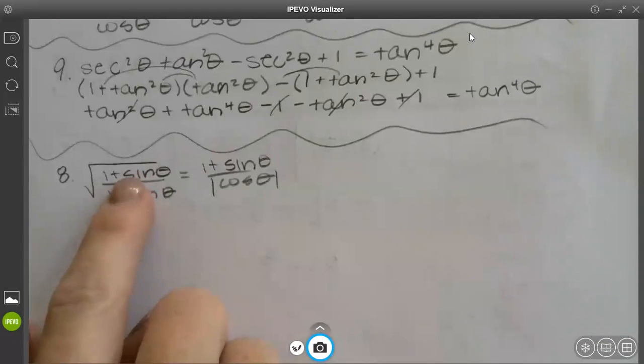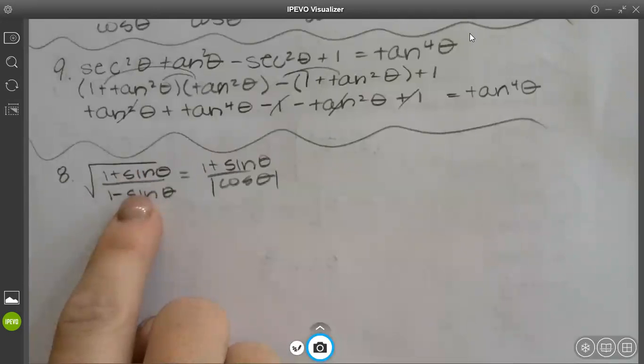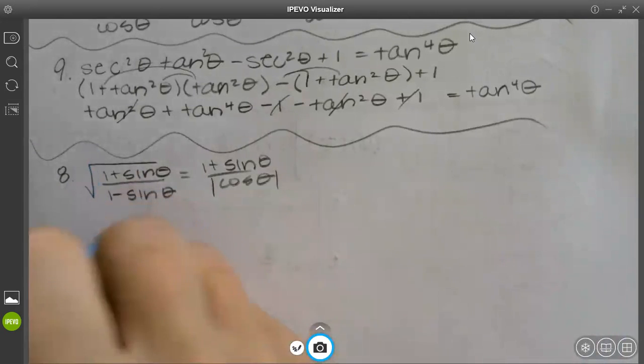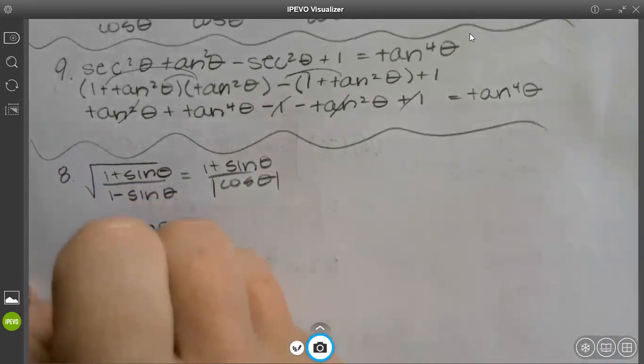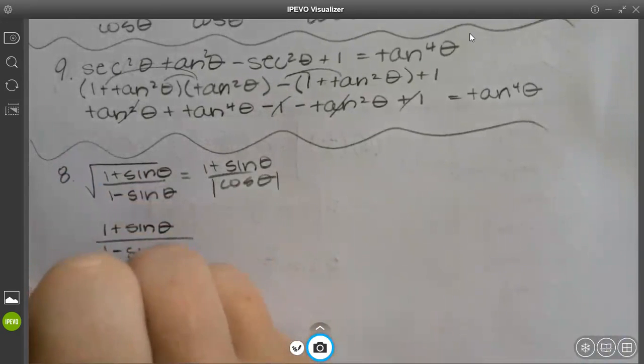Fix the inside. How do I fix a fraction that looks like this? Nope, I don't want the square root. Let's not even look at the square root for just a minute. How do I fix the inside? Multiply both parts by 1 minus sine. Close.